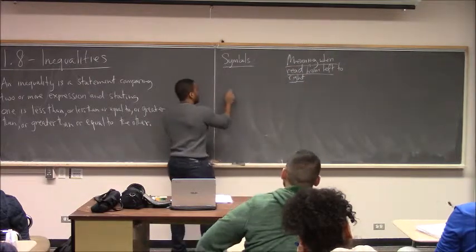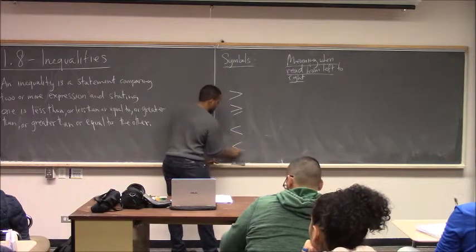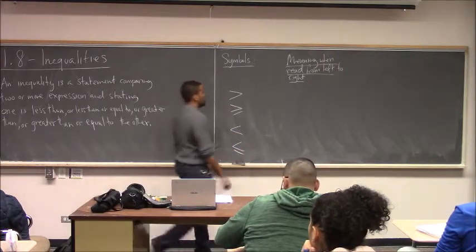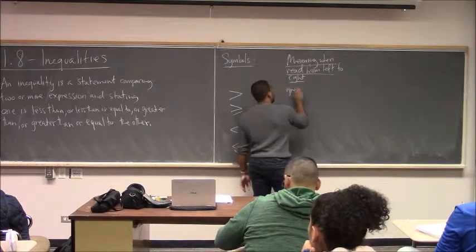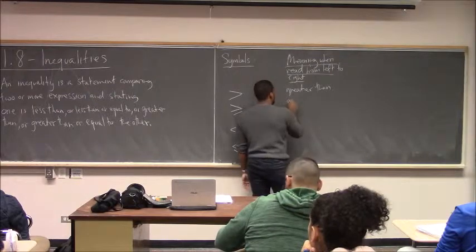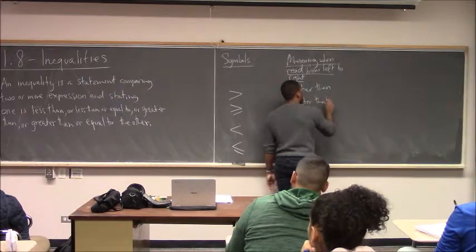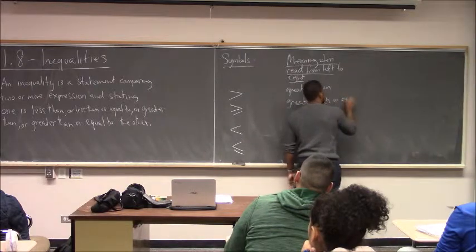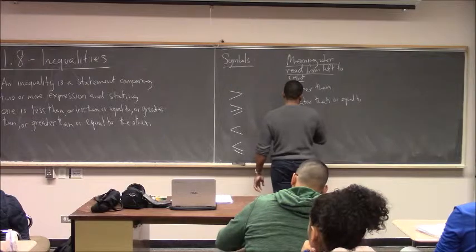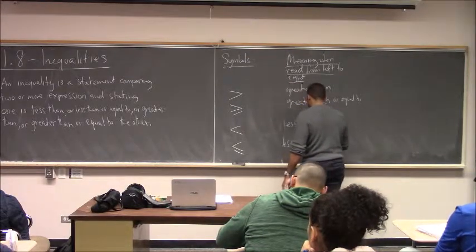So we have this guy, this guy, this guy, and this guy. This symbol means greater than. This means greater than or equal to. This means less than. This means less than or equal to.